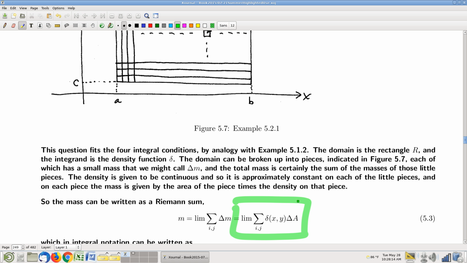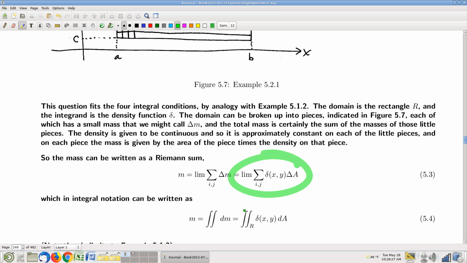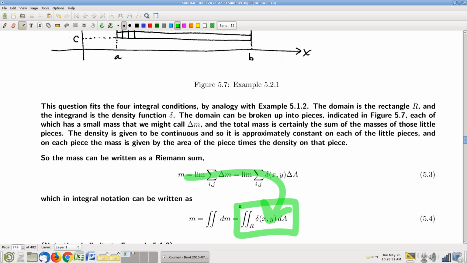Okay, so now here's the thing. What's an integral? As soon as I get a Riemann sum, I'm going to rewrite it as an integral. So I'm going to rewrite that like that, and there's my double integral that I'm going to use to express the answer to this question.